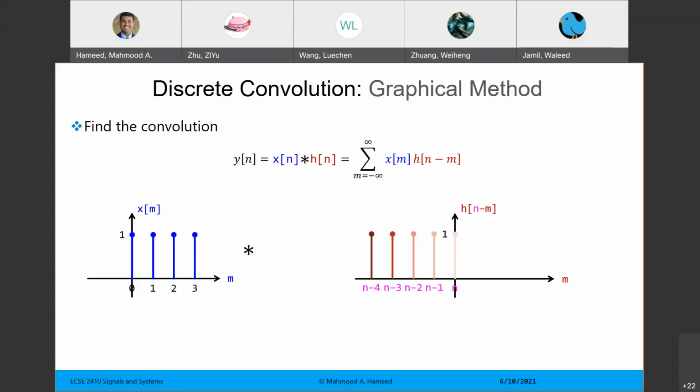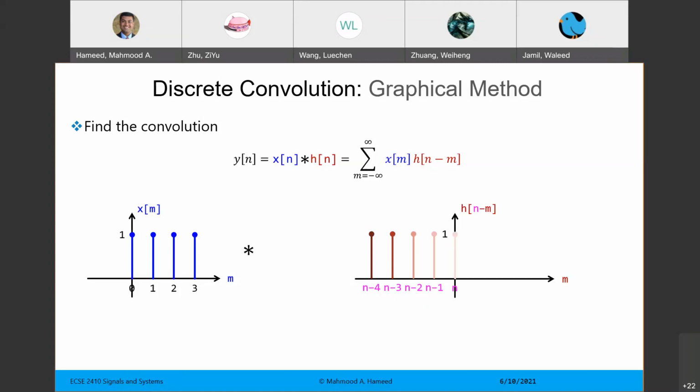Everything else will cancel out, and you will get 1 for n is 0. How about n is -1? If n is -1, will you get any overlap? -1 meaning it's moving to the left. 0, right? So if n is -1, you don't get any overlap, so you get 0. If n is 0, you get 1.